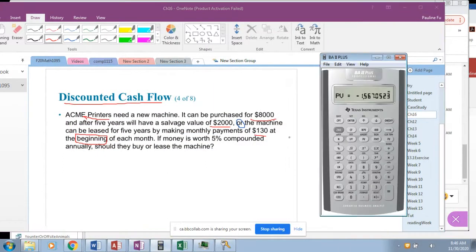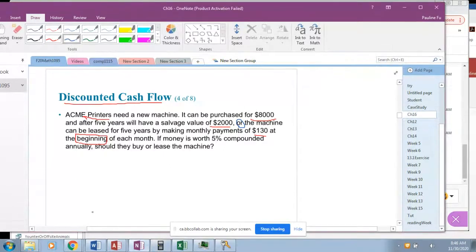So I'm going to use the calculator to calculate the present value of the annuity. For the present value of annuity, PY equals 12, because you make payments every month, so in 1 year you make 12 payments.